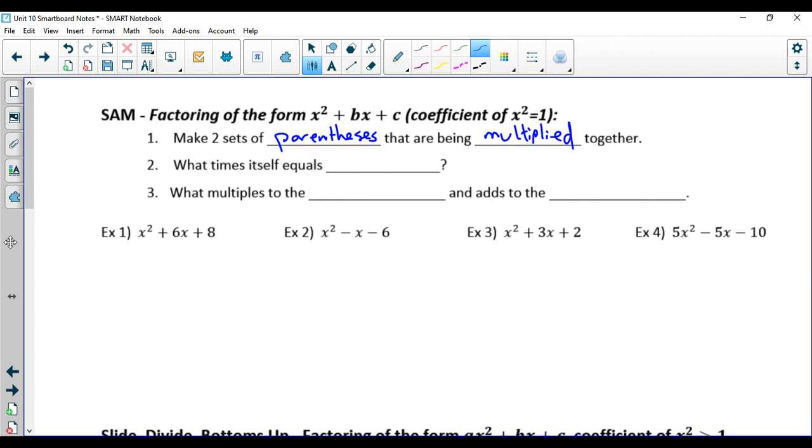So here, example 1, we look for a GCF. There is none. We notice there's three terms, so we're going to the right of that flow chart. There's a 1 in front, so we can write our acronym of SAM over top of it. We make two sets of parentheses, and then we say what multiplies to x squared, which is always x times x.